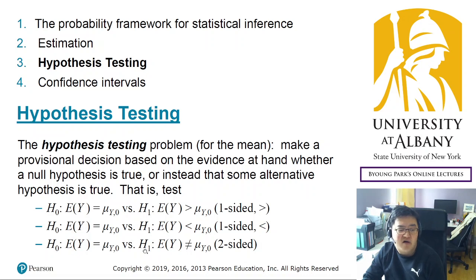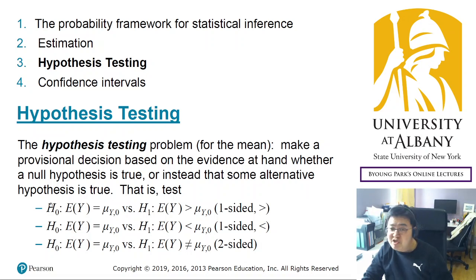So if I'm wrong, the true parameter would be just different from 50,000. Could be greater than that, could be lower than that. So both sides are open, so it's a two-sided test. I believe you have heard about them. So now I'm reminding you of these terms.